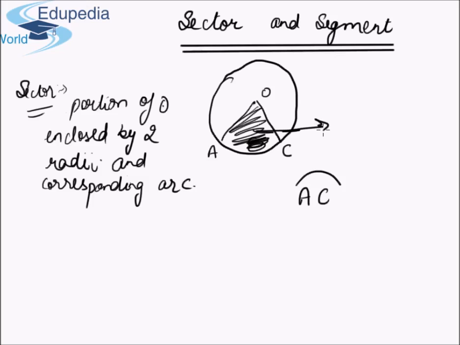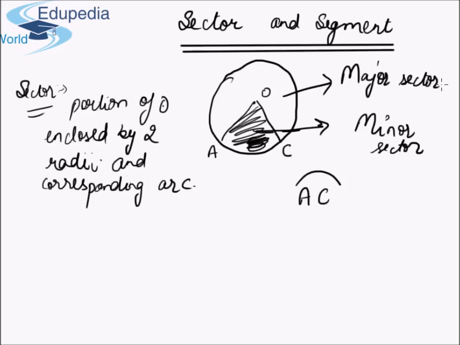This shaded sector is the minor sector, whereas this sector will be the major sector. Similarly, for AC, this arc will be the minor arc and this arc will be the major arc.